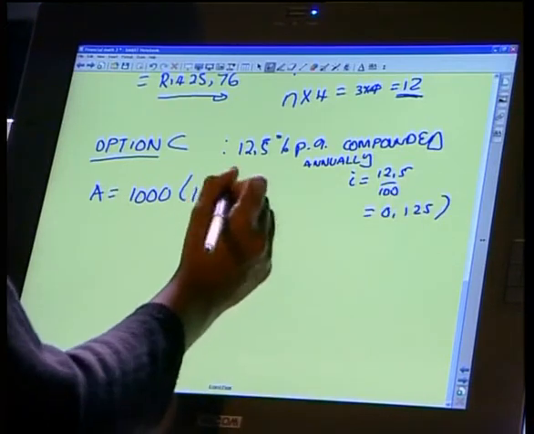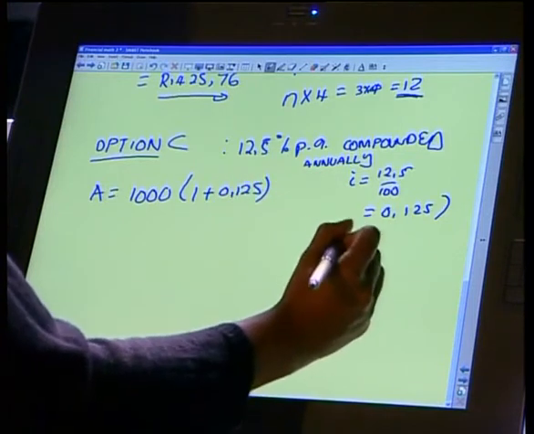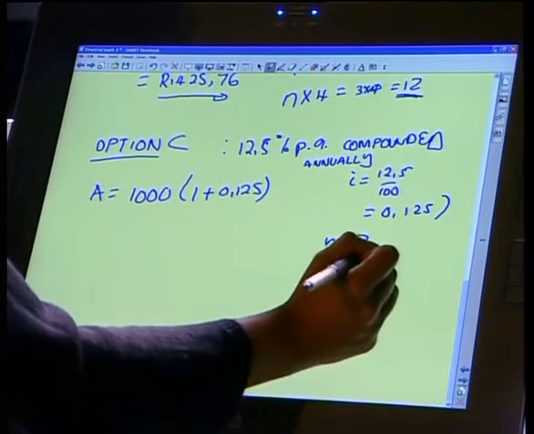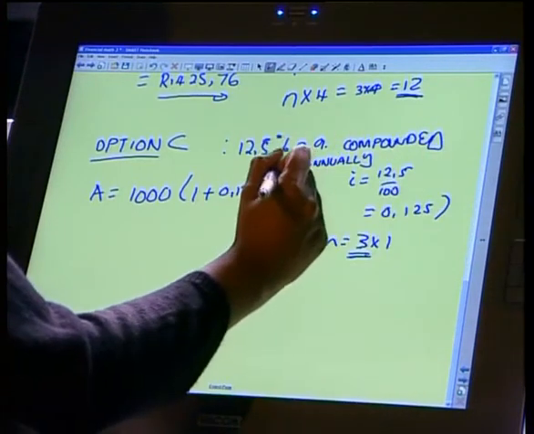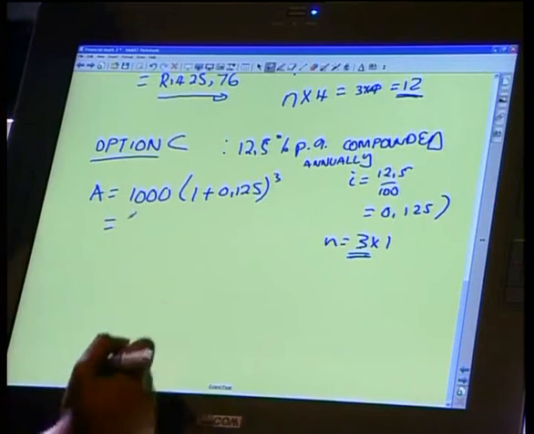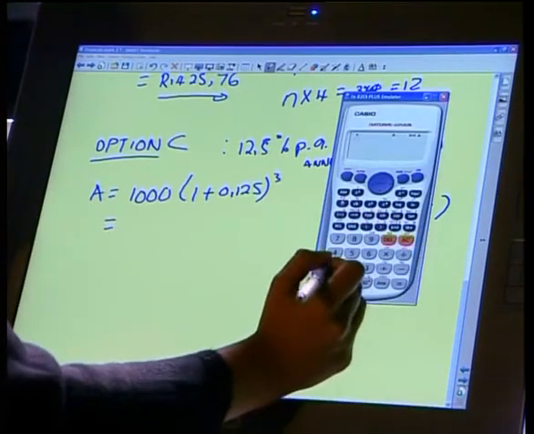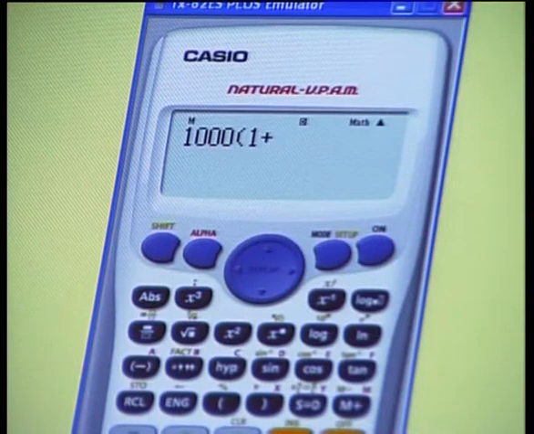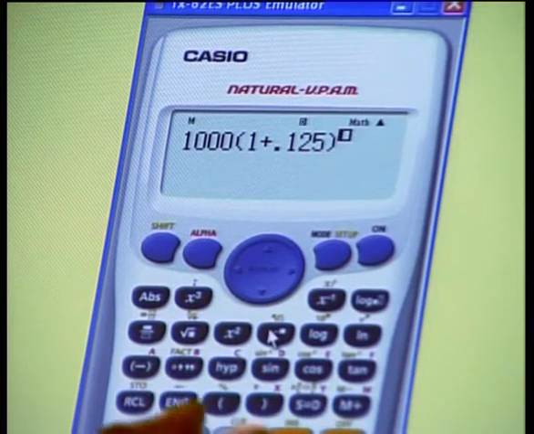Okay, we're going to add 1 plus 0.125. Raise that to n, which is 3 years. We don't have to change n because compounding only happens one time a year. 3 times 1 is still going to give us 3. We can then put that into our calculator. That's 1,000 times 1 plus 0.125 to the power of 3.